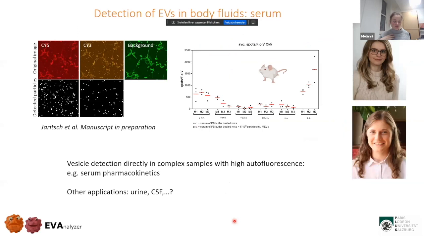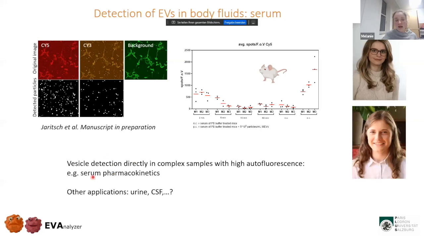Something that is not included in the paper, but what we're working on in our lab, is also to use EVAnalyzer for detection of EVs in body fluids. So here we have an example for serum, and we see there is a lot of background in serum, and it's much more tricky to really only analyze the EVs and not the background. And we also found some really nice pipelines to do so.